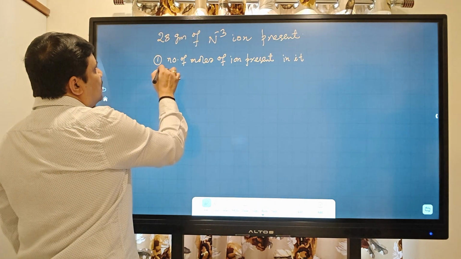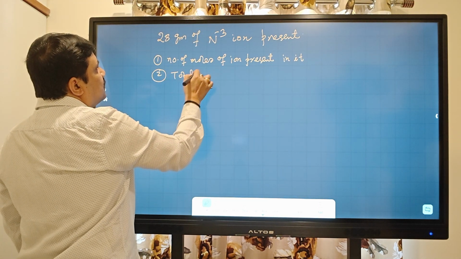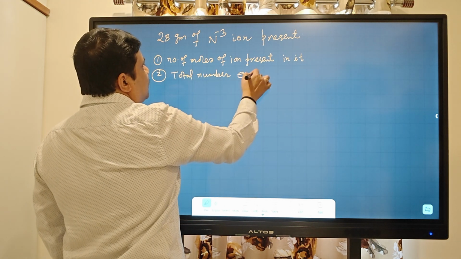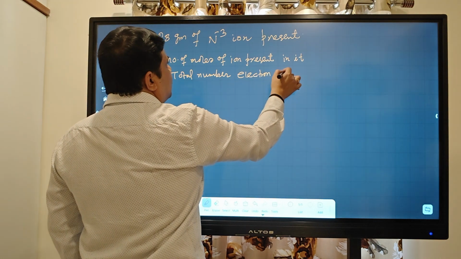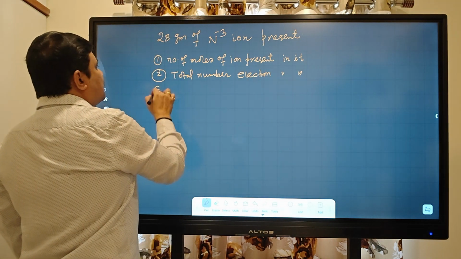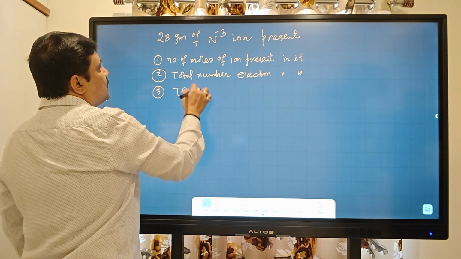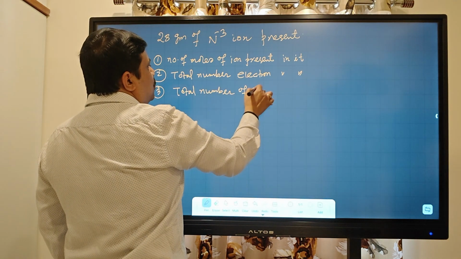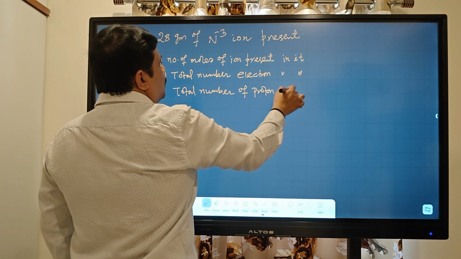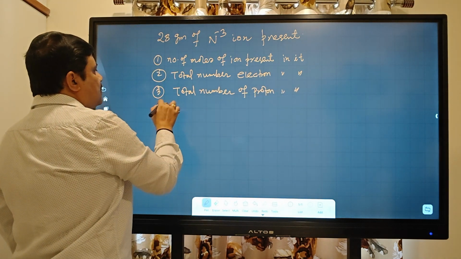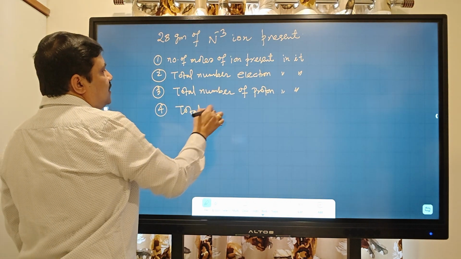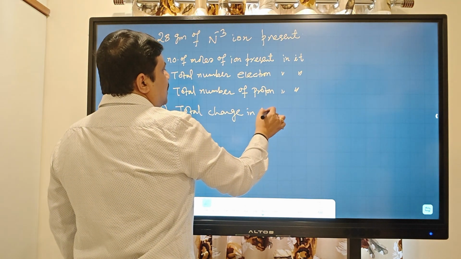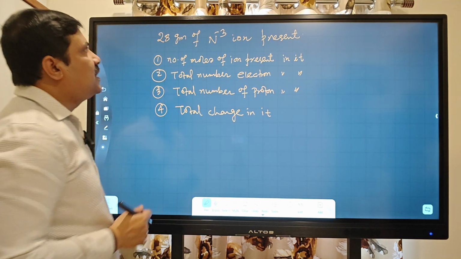Second, they are asking total number of electrons in it. Third question, total number of protons in it. Fourth question, total charge in it.